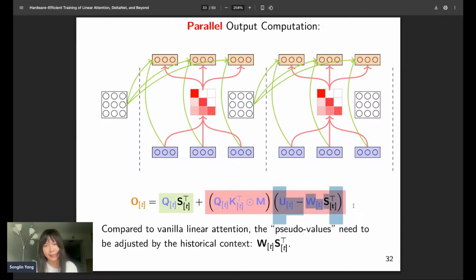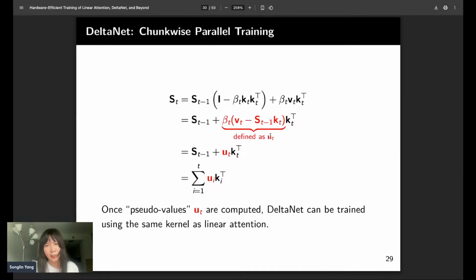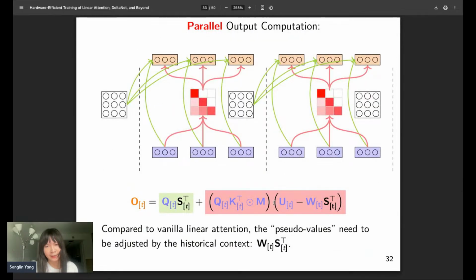So this matrix is the U_t matrix we want. This is the algorithm: we can compute that U vector in a chunkwise, hardware-efficient manner. This is the key idea of the DeltaNet chunkwise computation.